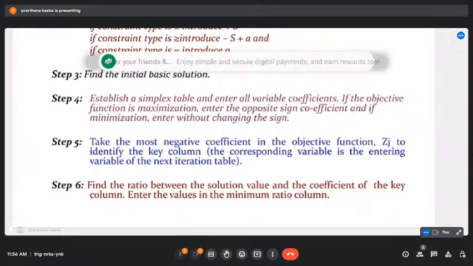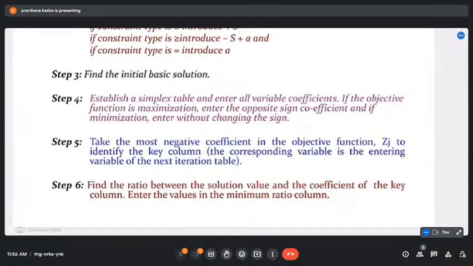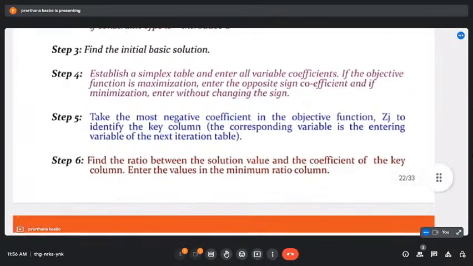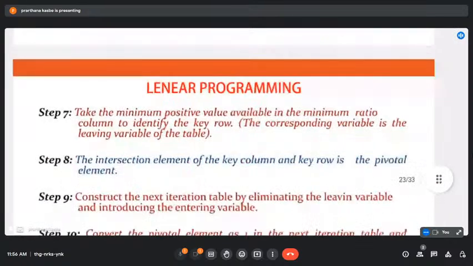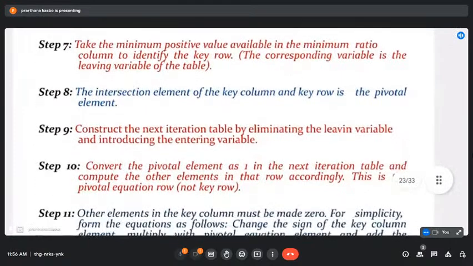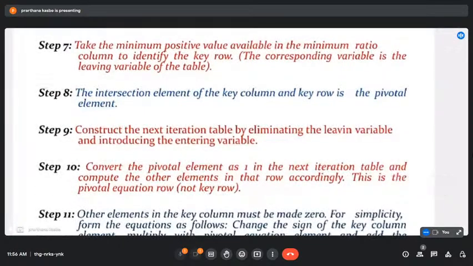To identify the key column, the corresponding variable is the entering variable in the next iteration table. Find out the ratio between the solution value and the coefficient of the key column. Enter the values in the minimum ratio column. So step number 7 is to take the minimum positive value available in the minimum ratio column to identify the key row.